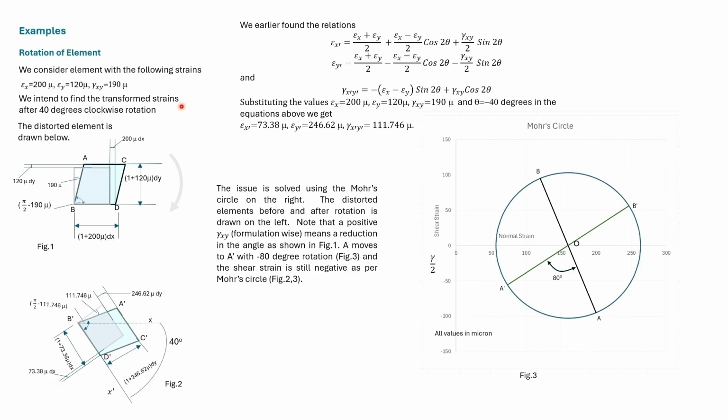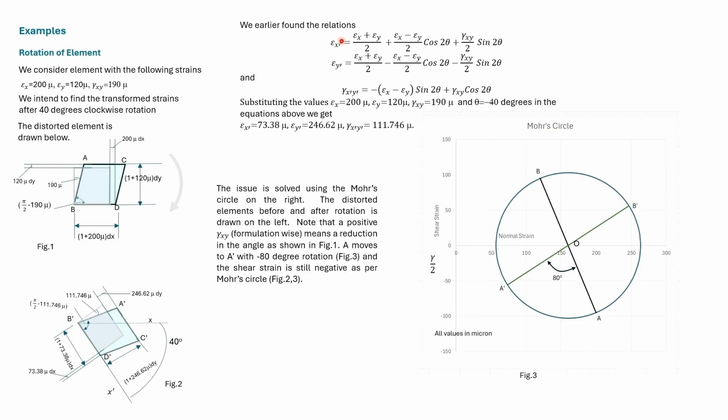In this case, we are required to find out the transformed strains after a 40-degree rotation in the clockwise direction. We find out the strains both using formula and Mohr circle.